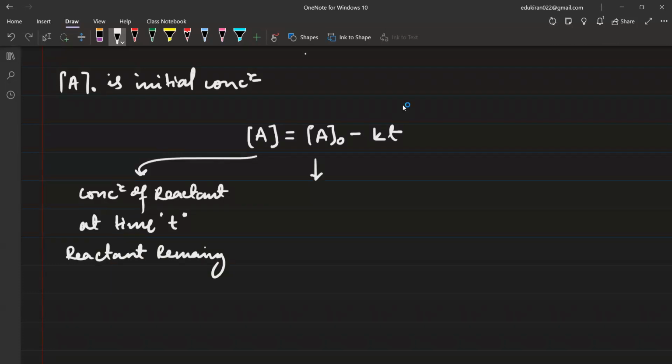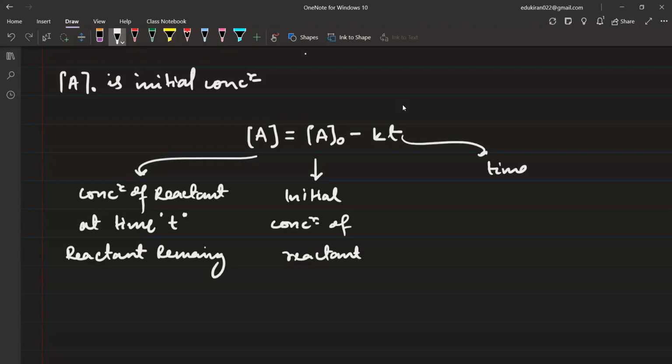What is A naught? A naught is the initial concentration of reactant. Okay? What is time? T is time. And what is K? K is the rate constant of reaction.